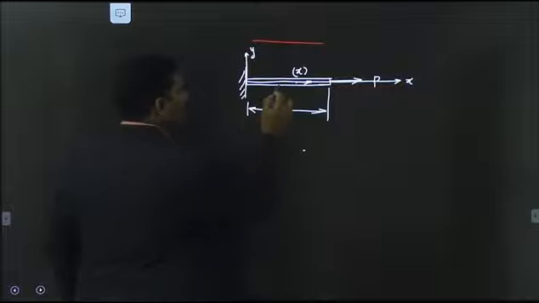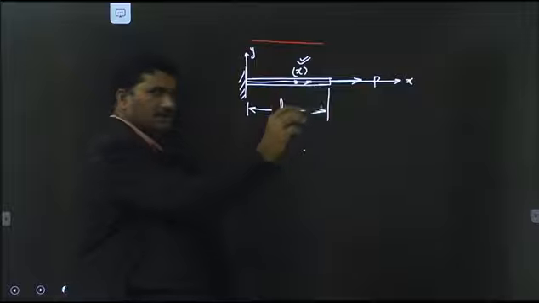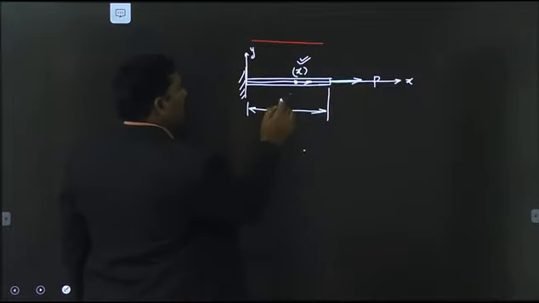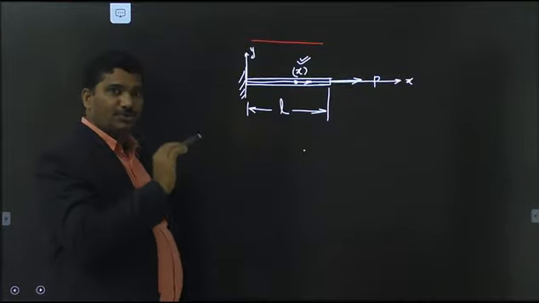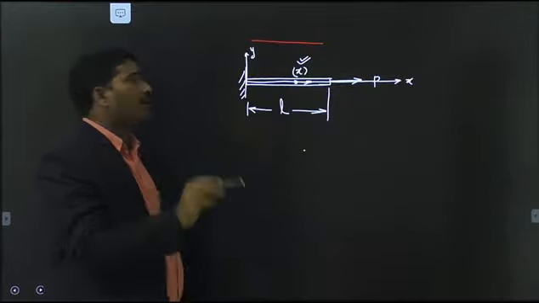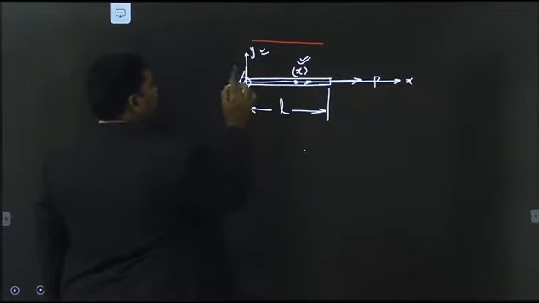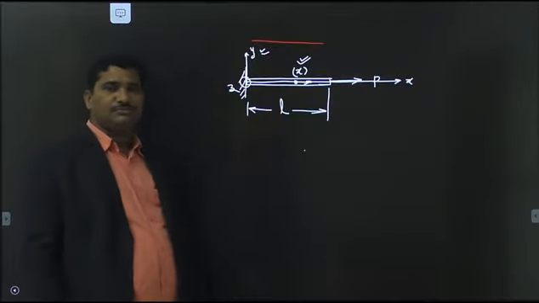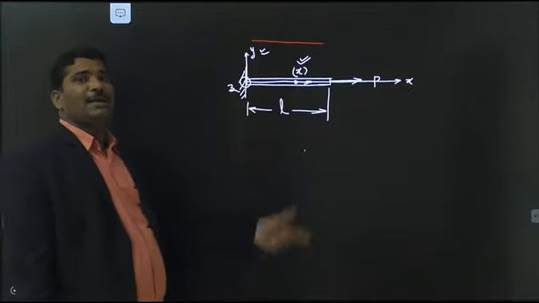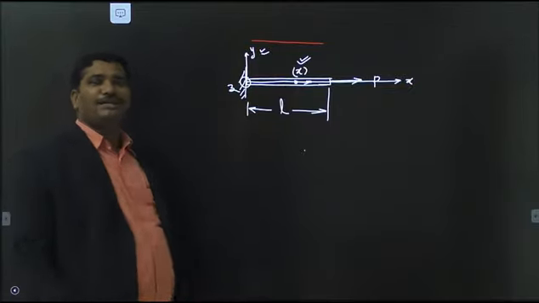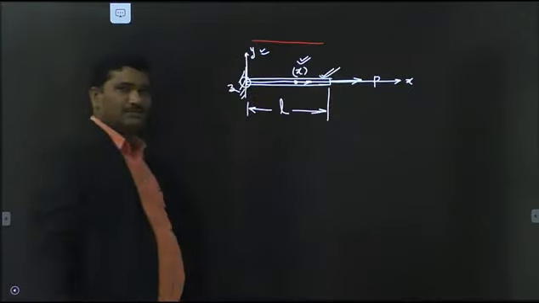Here the displacement of this point is dependent on the variable x only, and it is independent of the other two variables y and z. Therefore, I can consider this domain as a one-dimensional domain.